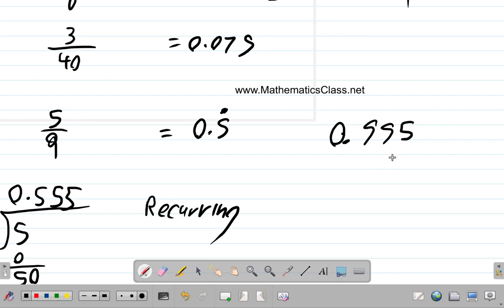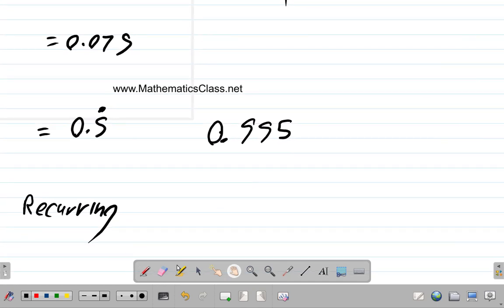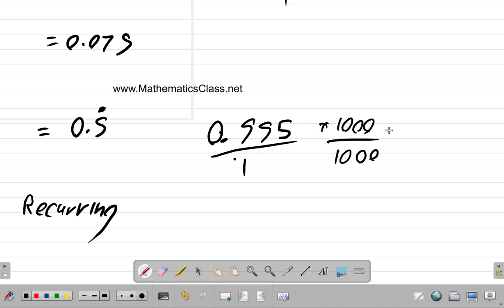If you actually try to convert this to a fraction, what you're going to have to do, consider this as 0.555 over 1. You multiply up by 1000, multiply down by the same 1000, right?